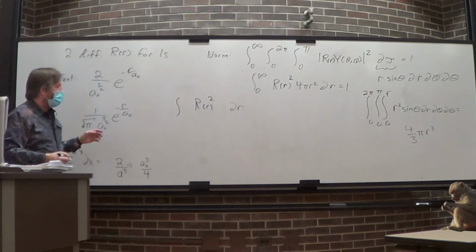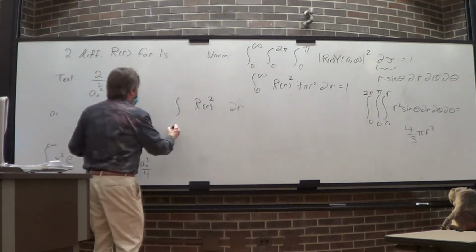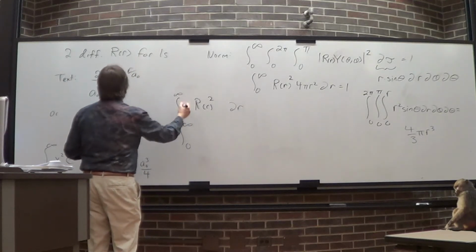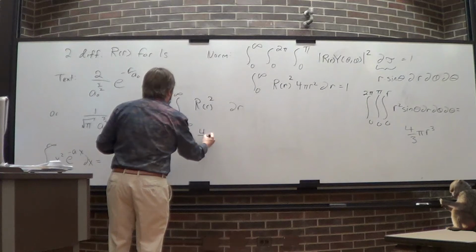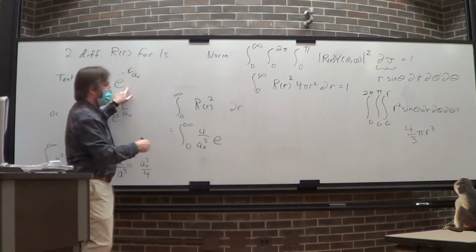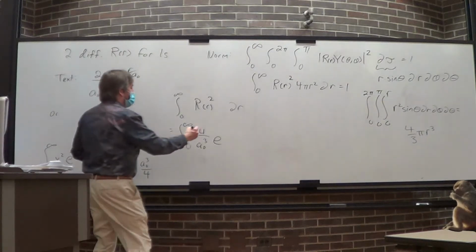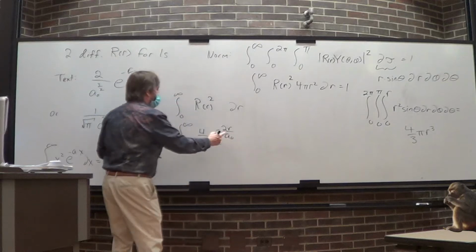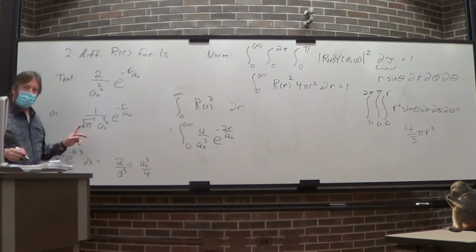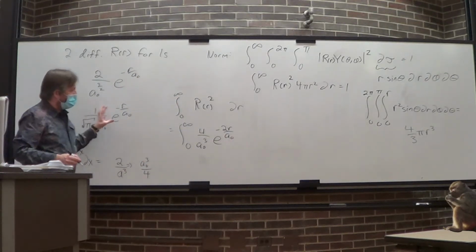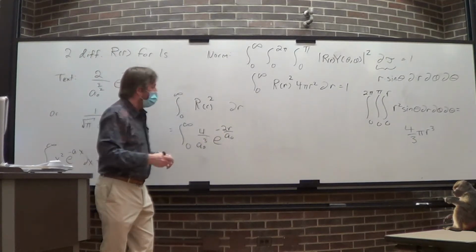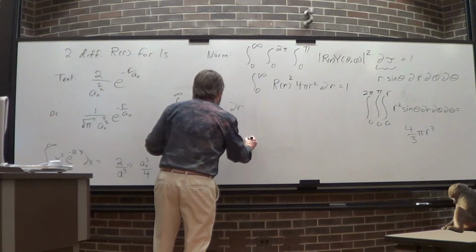Okay. Now, let's do this. And of course, our limits are 0 to infinity. It'll be 4 a naught to the 3rd power, e to the minus 2r over a naught. Now, I don't think I explicitly warned you about this, but if you don't get this 2 there, you're going to screw it up.